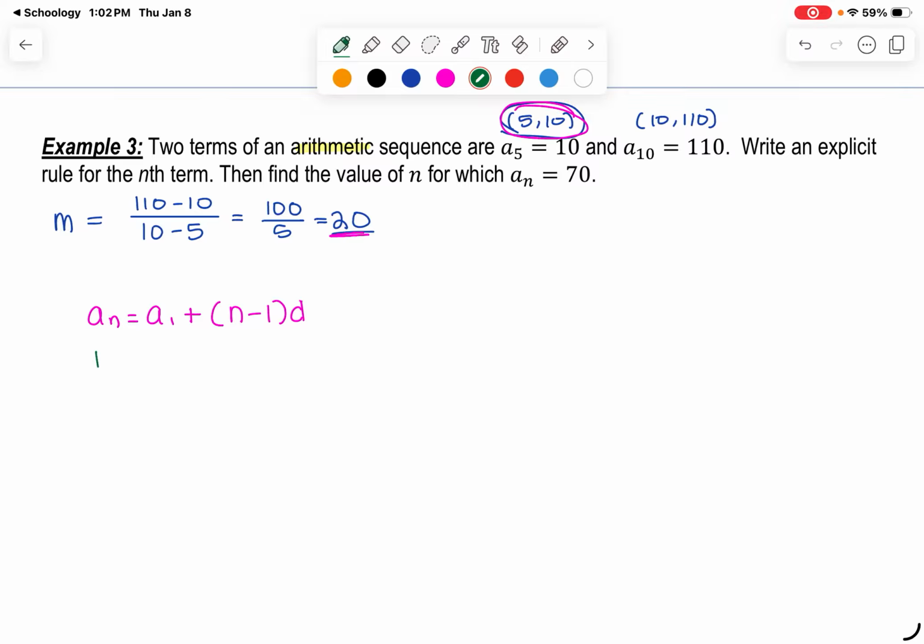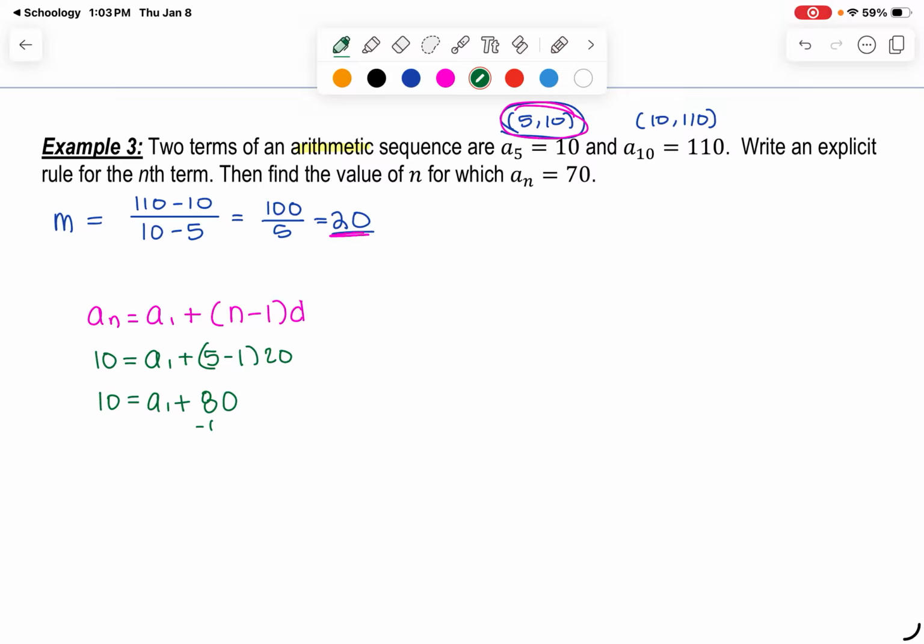So I'm going to do 10 is equal to a sub 1, which I don't know, plus n minus 1 times d. So when I plug in 5, I get 10. So 5 minus 1 times my difference, which is 20. So I have 10 equals a sub 1 plus 4 times 20, which is 80.